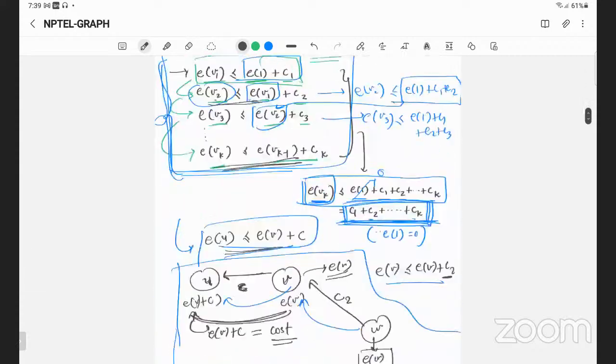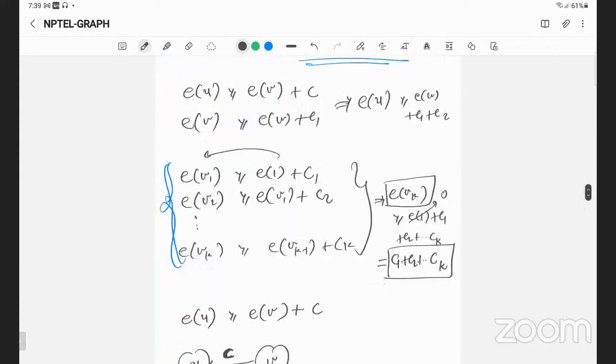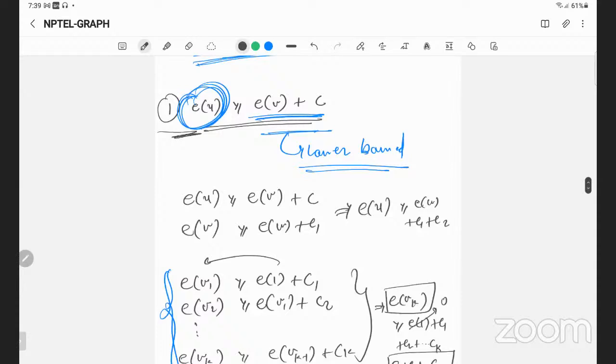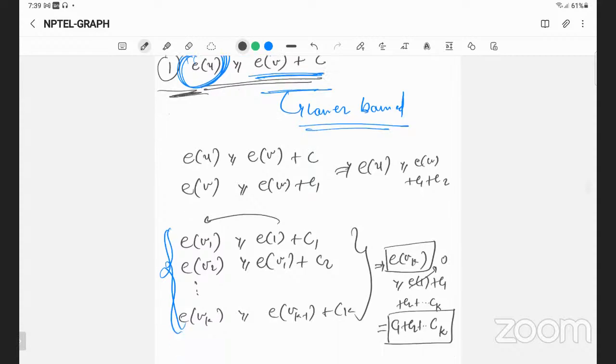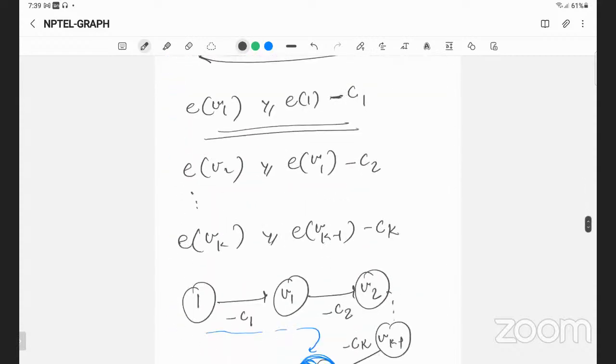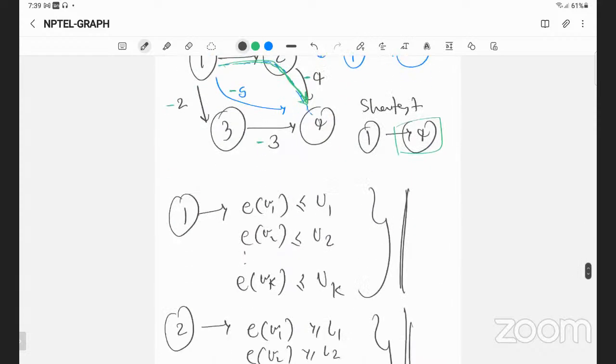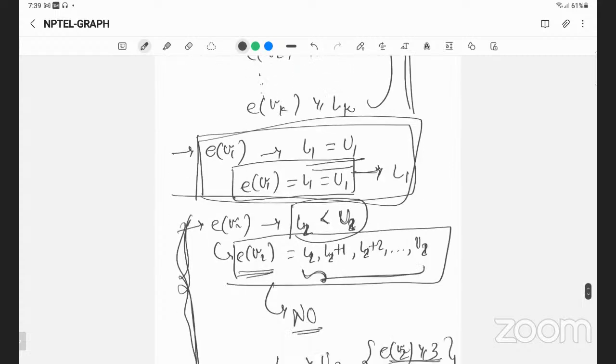And we are also negating the values in the first lower bound type of inequalities, right? So if some value is positive, we will make it negative. The Dijkstra algorithm we can only use for positive edge weights. Since we have negative edge weights, to find the shortest path, we'll need to use the Bellman-Ford algorithm. So this was the overall idea of how to solve this problem.